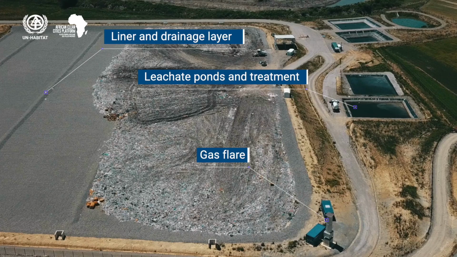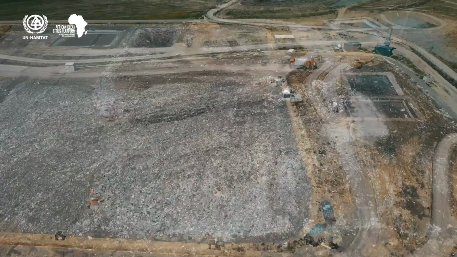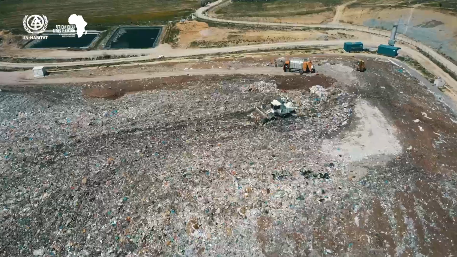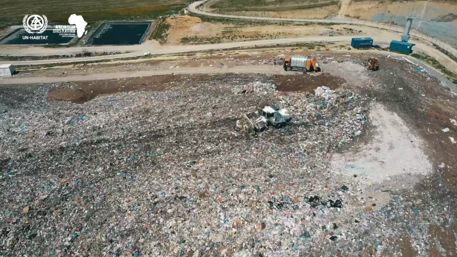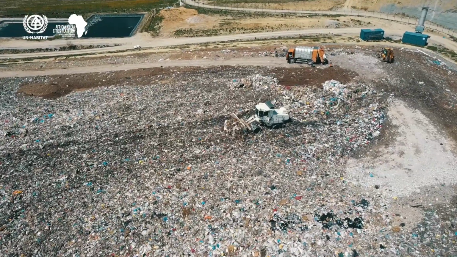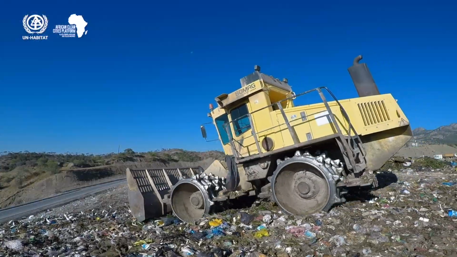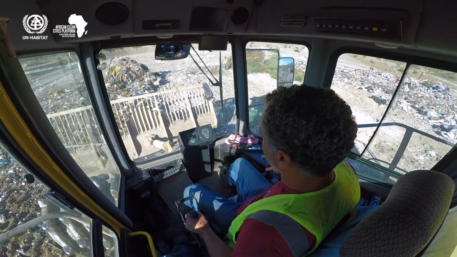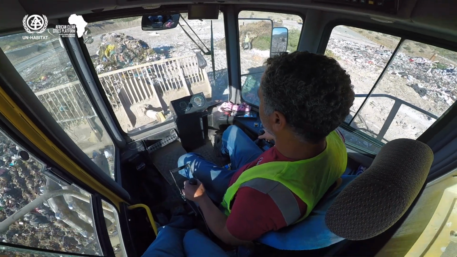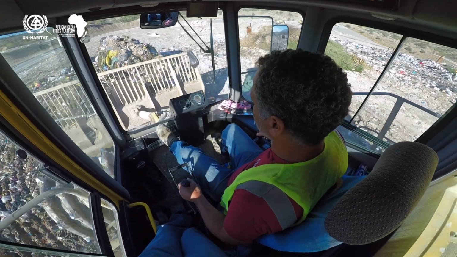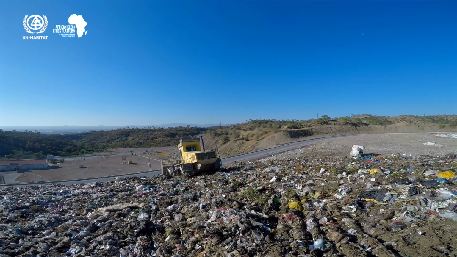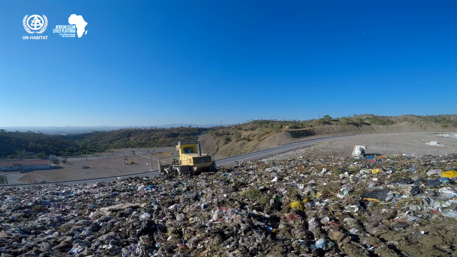During the operation of the landfill, it is critical to plan and control the placement of waste. This is achieved through the daily use of specialist landfill equipment, such as this landfill compactor. This spreads and compacts the waste to push out oxygen and maximize the density of waste to maximize the quantity of waste disposed in the landfill cell.